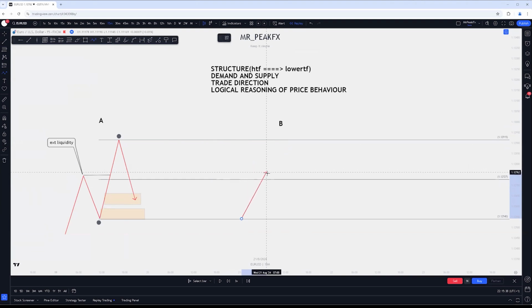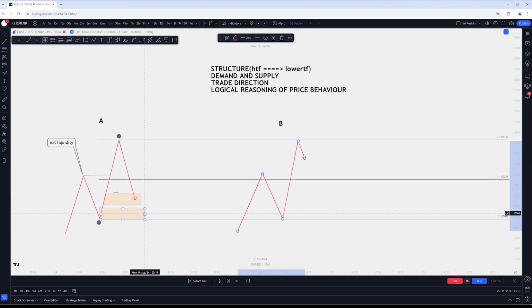So let me do this. Have price do like this, like this. All right, and let's say we start seeing price coming this way. So for diagram A, I came into the chart, I saw this. Now, what I am going to be looking out for is that price is already at discounted areas, probably would have grabbed some internal liquidity.